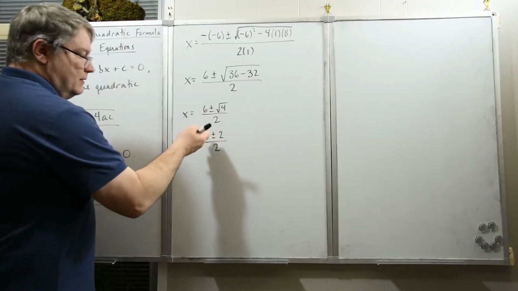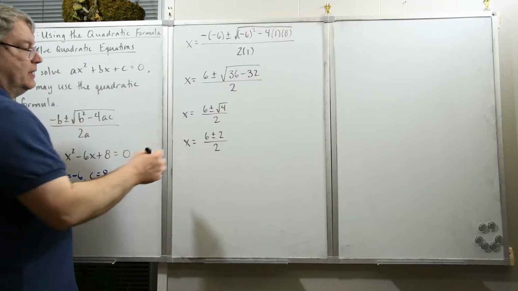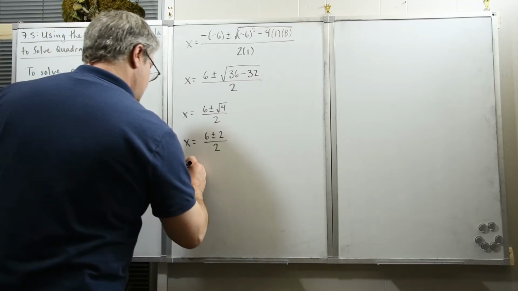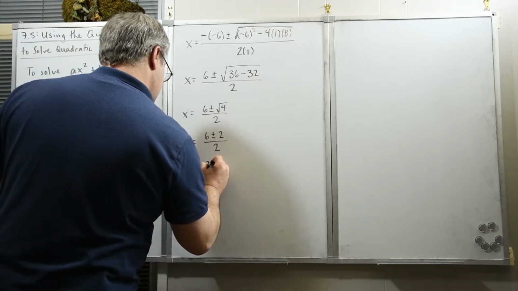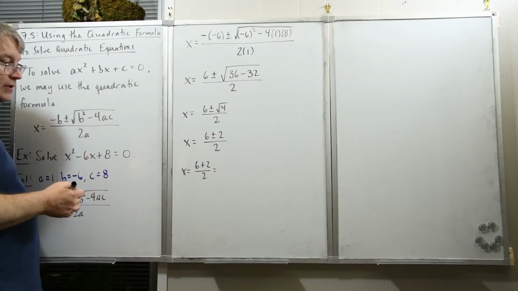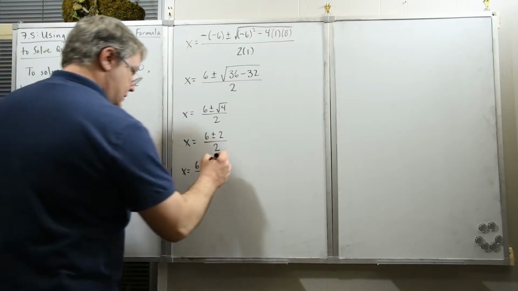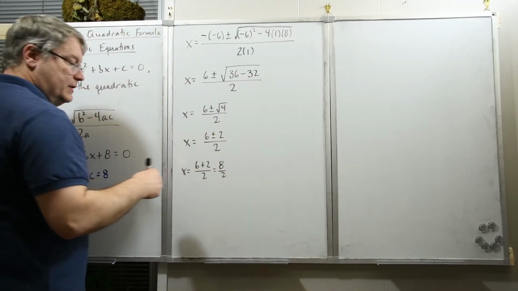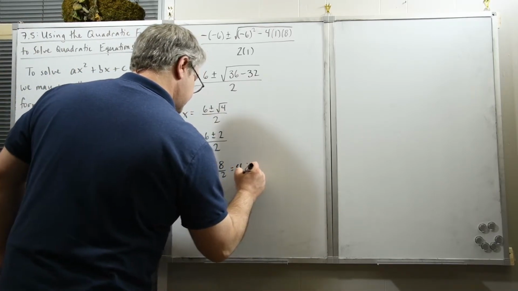Now, this actually represents two different answers. 6 plus 2 over 2 and 6 minus 2 over 2. So we'll take a look at each. If you take a look at 6 plus 2 over 2, 6 plus 2 gives you 8. And then 8 over 2, same thing as 4.